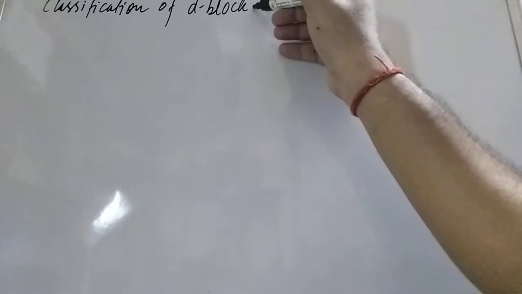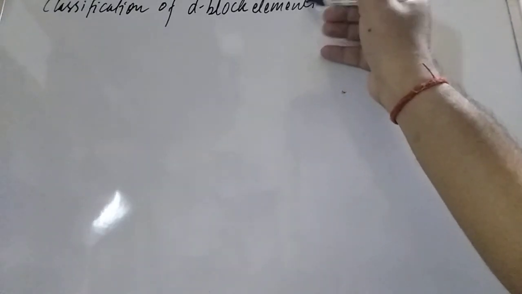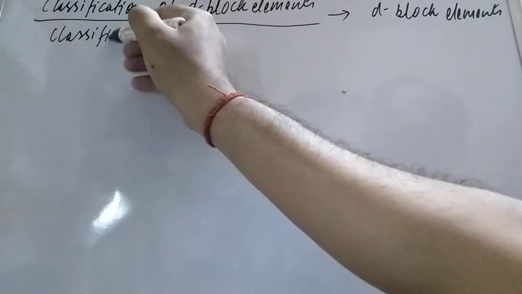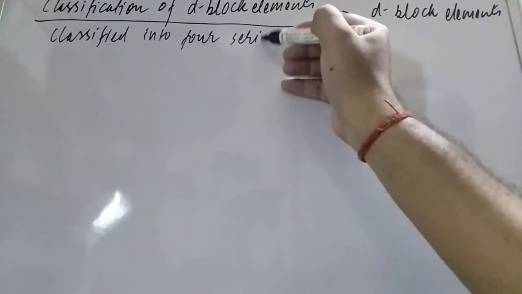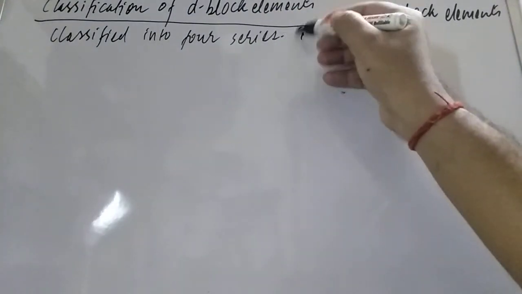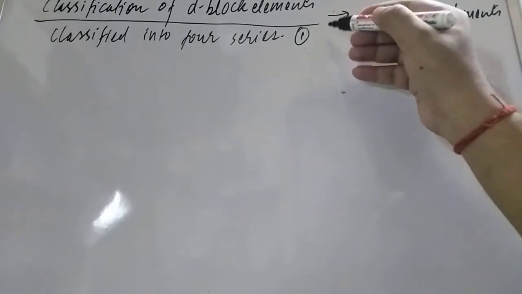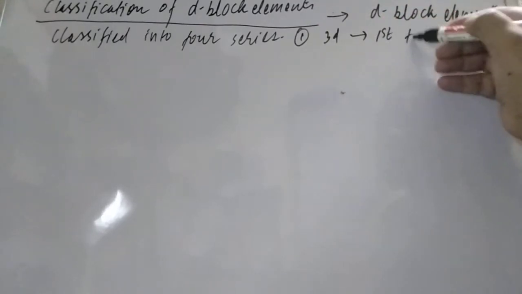D block elements are classified into 4 series. What are the 4 series? One is known as the 3d series, also known as the first transition series.